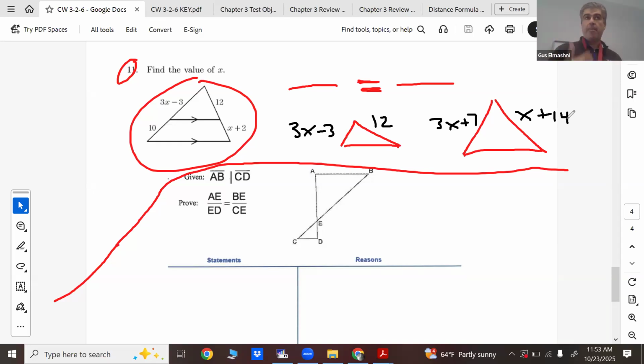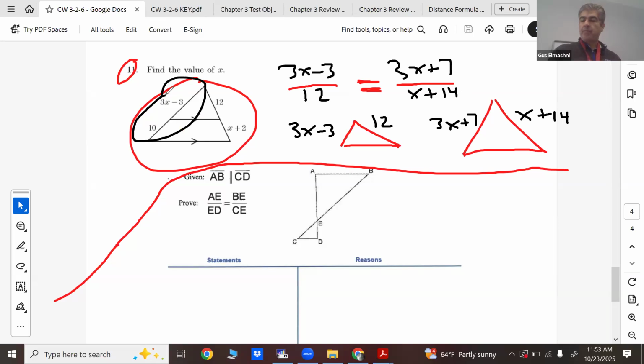How can I set up my ratio? What over what? We can say basically 3x minus 3 over... Well, sure. How about the other guy? Correct. Only thing is, where'd the 10 fall to? Because you combine these two to get the big side on the left side, the left side of the big triangle.